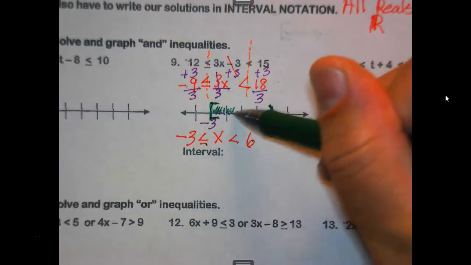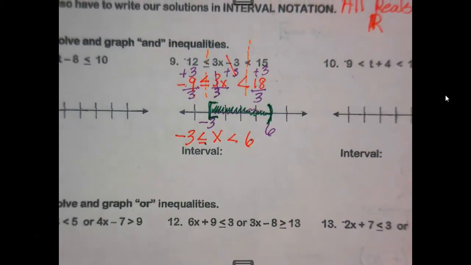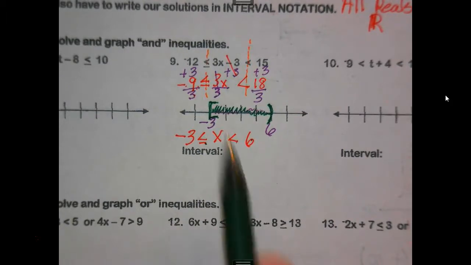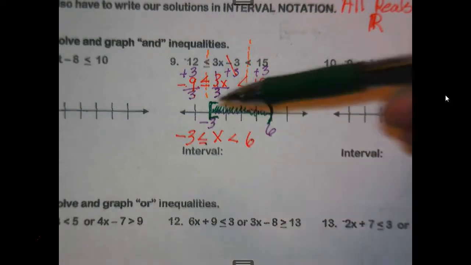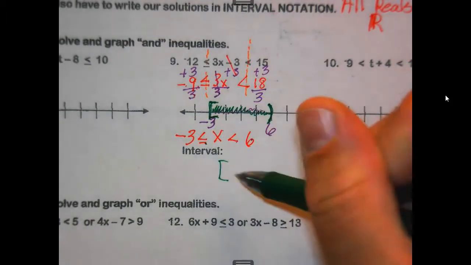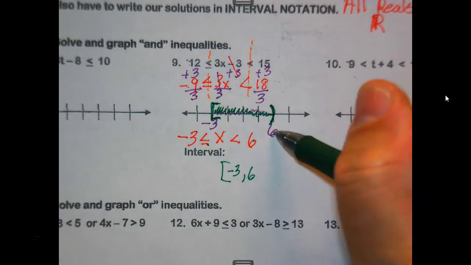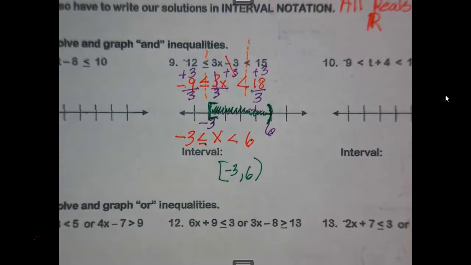And I shade in between. And problems are pretty easy for interval notation because you're just going to take this and put it down here. So I have my bracket, negative 3, comma, 6, parenthesis. That's my interval notation.